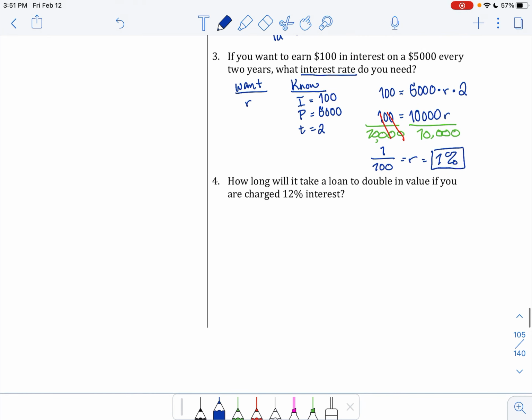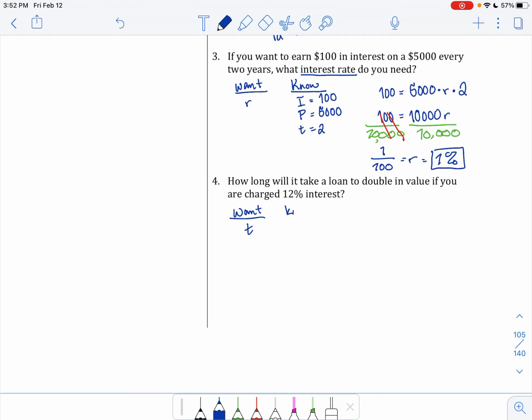All right. How long will it take a loan to double in value if you are charged 12% interest? So what this tells us here is that we want to know how long. So that means we want to find time.